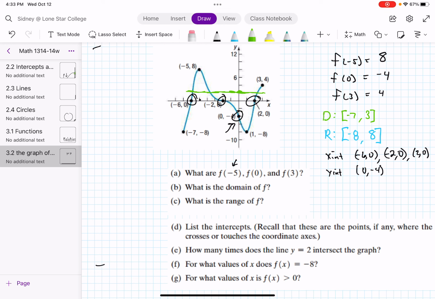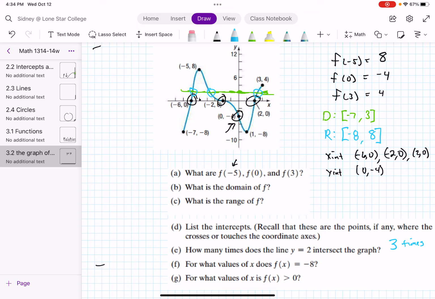And if I draw on that horizontal line, the question was, how many times does it intersect this graph? And I see it intersecting once right there, once right there, and once right there. Now, this does not ask for the exact points of intersection. It just simply says how many times. And we can count that it occurs 3 times. 3 times they hit the line y equals 2.